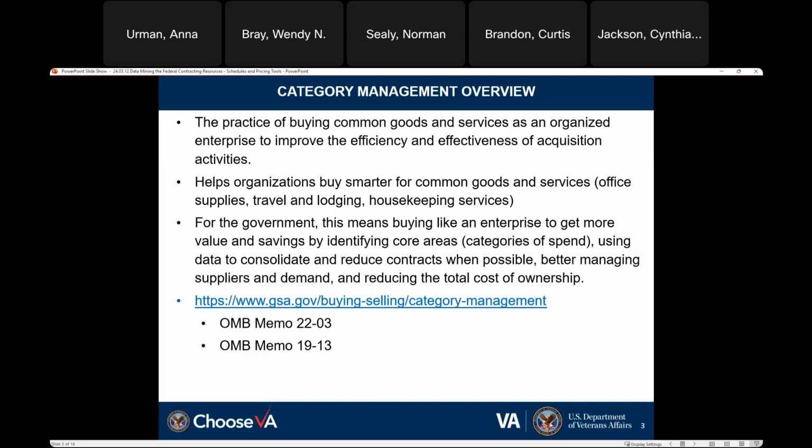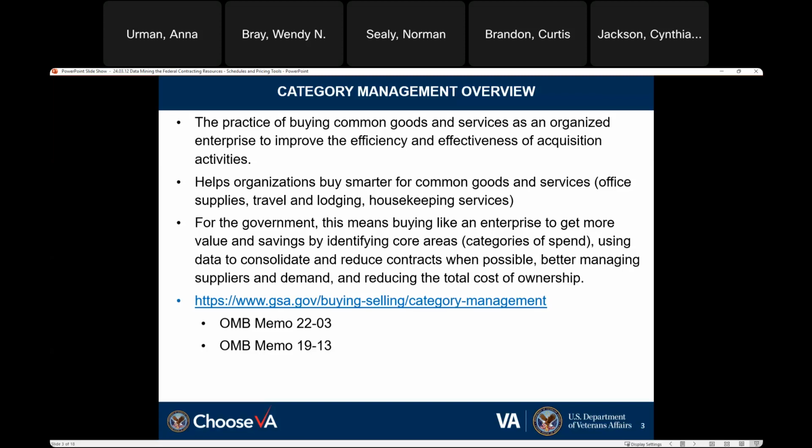So when government agencies are procuring products and services, as part of that consolidation analysis, small business interests are considered, and impact to small business must be reported not only internally, but also to the Small Business Administration.